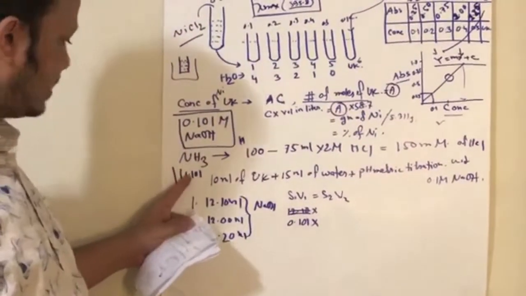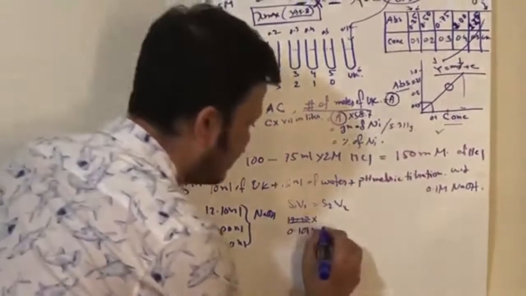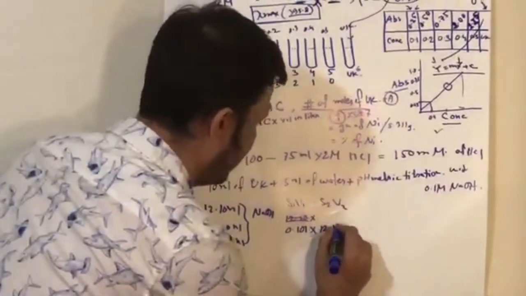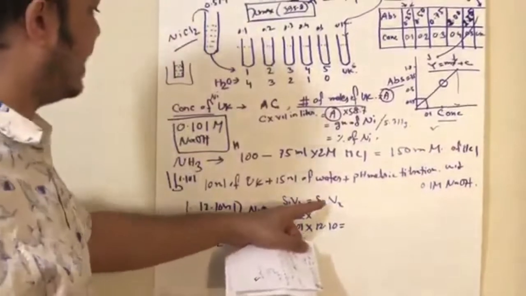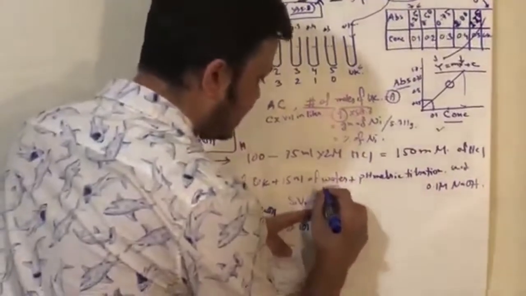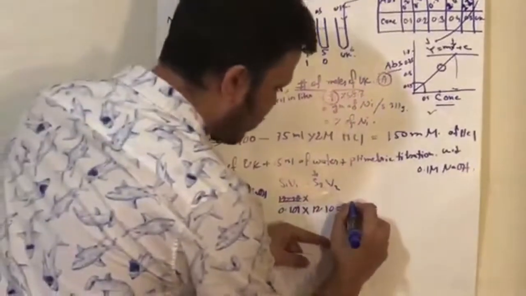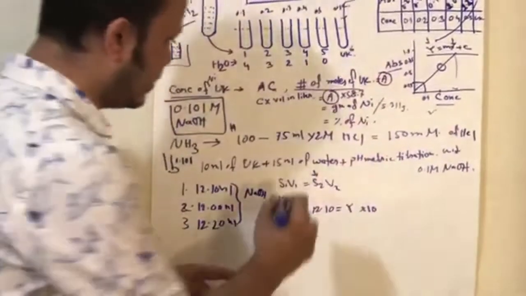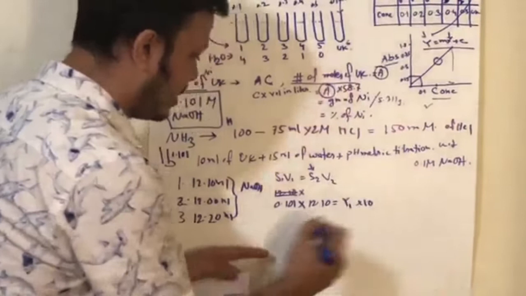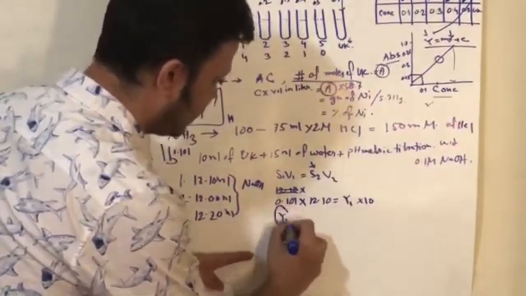This is the concentration of the sodium hydroxide, and this is the volume of the sodium hydroxide, 12.10 for the first one. You don't know the concentration of the acid, but you know the volume, 10, and the concentration is Y, suppose. So from here you can easily get the concentration Y1 of the acid.